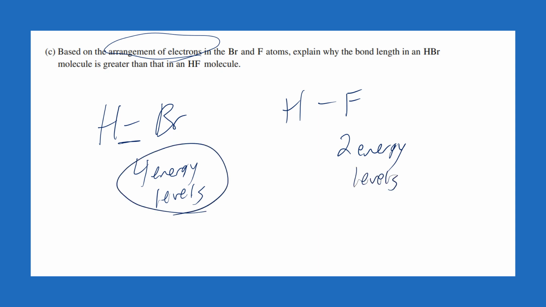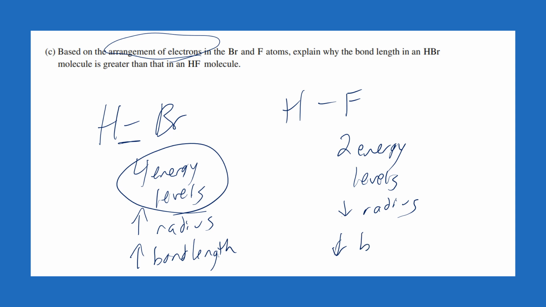The larger number of energy levels means that its valence shell is further from the nucleus, so it has a greater atomic radius, which increases the bond length. Whereas fluorine has a much smaller radius because of those fewer energy levels, and therefore will have a smaller bond length with the hydrogen.